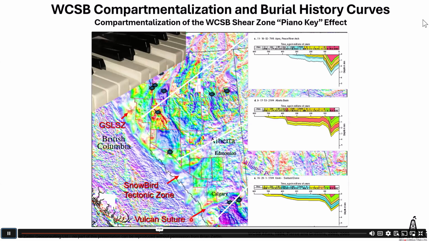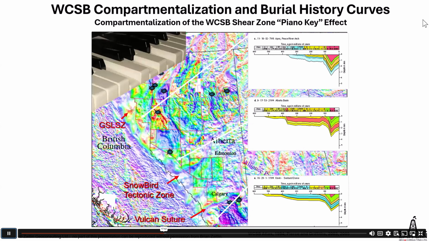And you can see, as you take a look at that in detail, there's a series of northeast to southwest oriented shear zones in the Vulcan Suture, the Snowbird Tectonic Zone, the Great Slave Lake shear zone in through here, and work done by other authors where they've taken a look and created a series of burial history curves. The burial history curves are different within each of those compartments that are defined by these major shear zones.